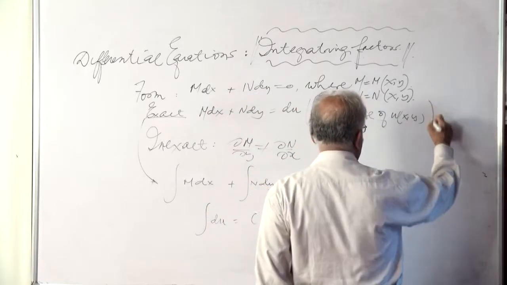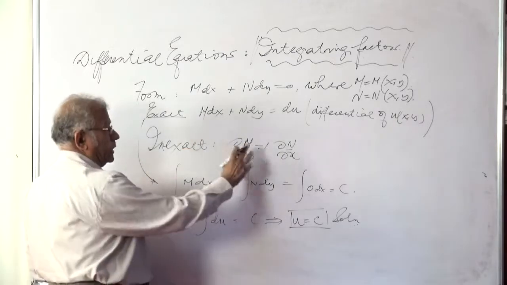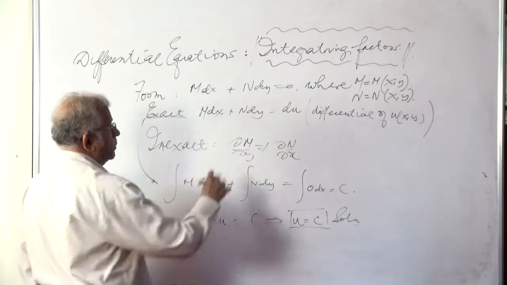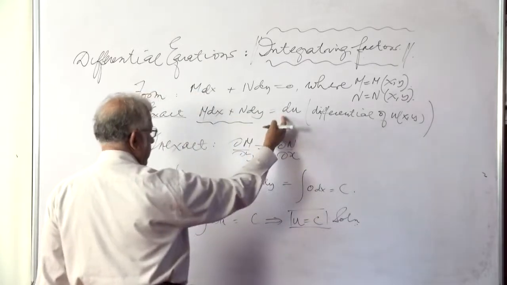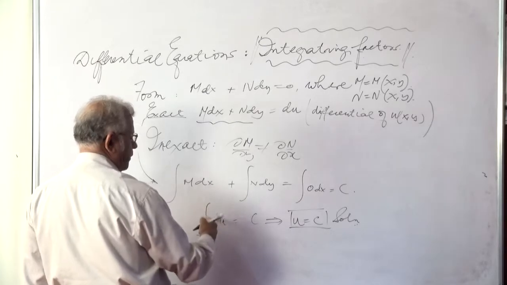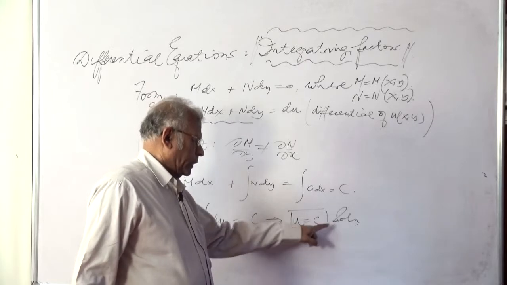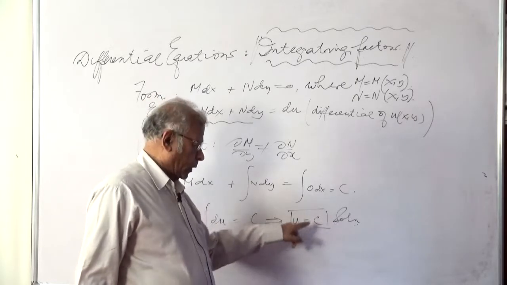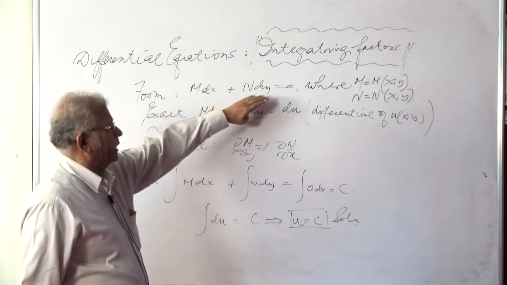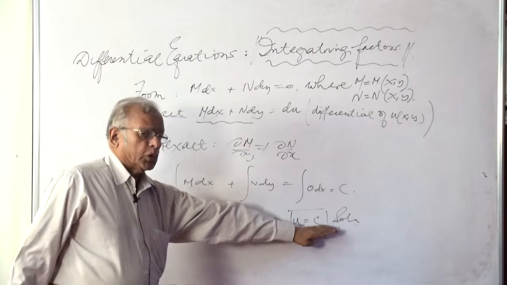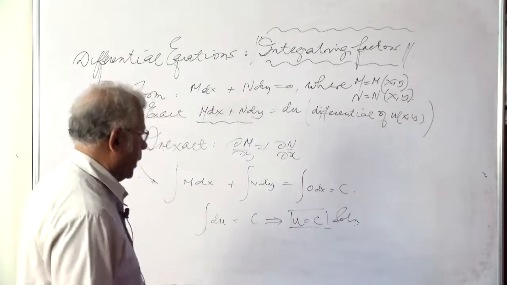So when that happens, we can write the equation as du is equal to 0, because M dx plus N dy is equal to 0. When you have du is equal to 0, the integral of du has to be a constant. In other words, u is equal to c is the solution. So of whichever function u this M dx plus N dy is the differential, that equated to c is the solution for the exact differential function.